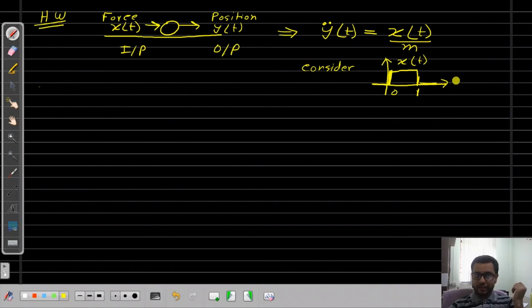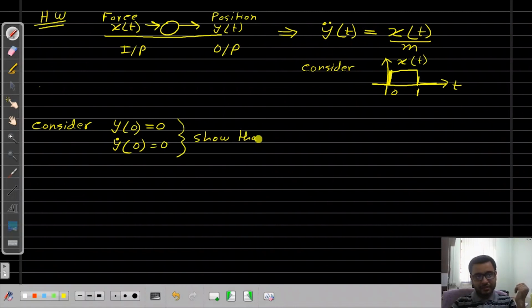This is input, very simple input. Also then consider initial position to be equal to 0 and initial velocity also equal to 0, so that the system is homogeneous. This is task 1.